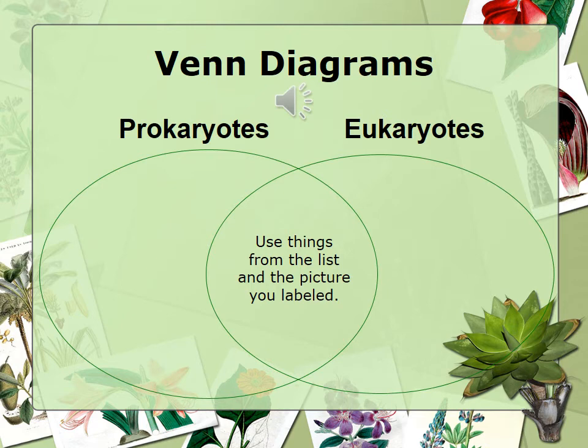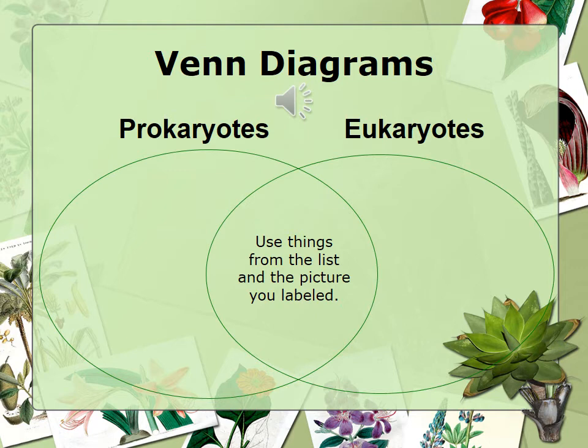Okay, this is the Venn diagram that I was talking about. Now you're going to use things from the 4 items that you picked each in the little chart that you just wrote right above the Venn diagram on your page, and also from that picture that you labeled on the right, a little above this. You should use those things. There should be 4 things in the in-between section where you see the writing on this slide.